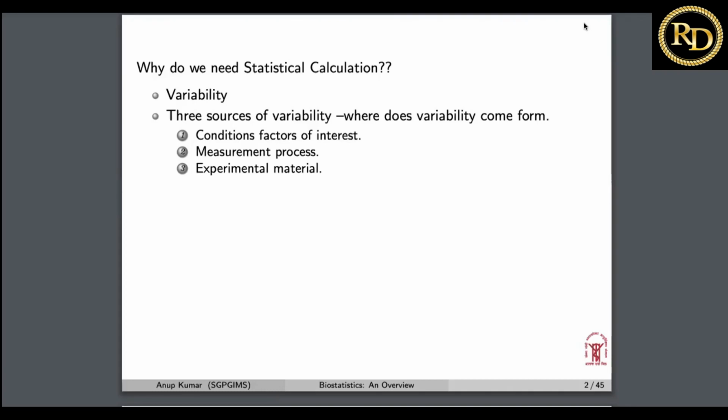Certainly, you will get different values. The first source of variability is the conditional factor of interest, meaning whether the patient is hypertensive or not, or is suffering from a certain disease or not. This is the conditional factor of interest.